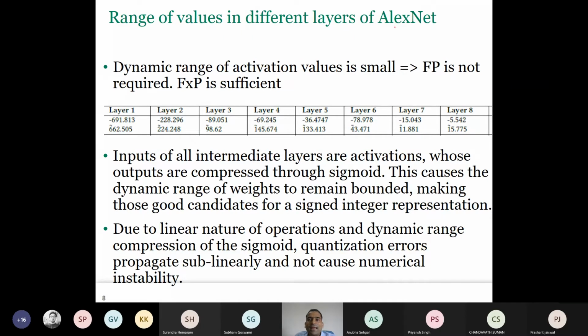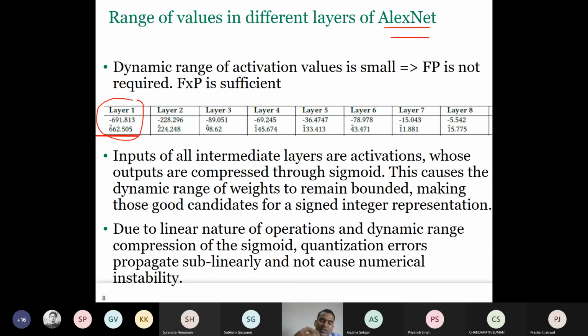So let us see for AlexNet. In any neural network, we have different layers. For example, the first layer, suppose a convolution layer, then a pooling layer, then an activation layer, and so on. So this shows the range of activation values.